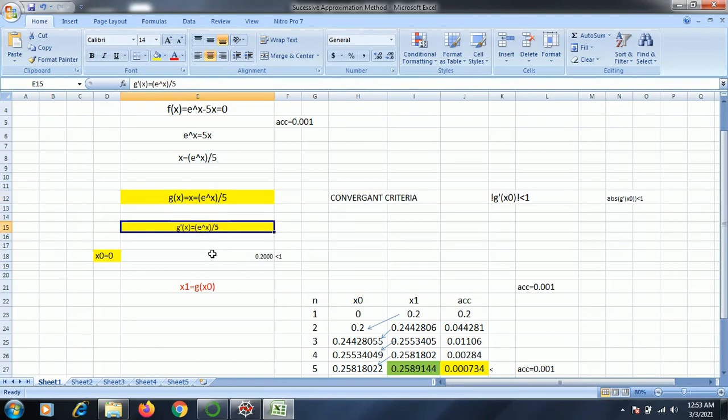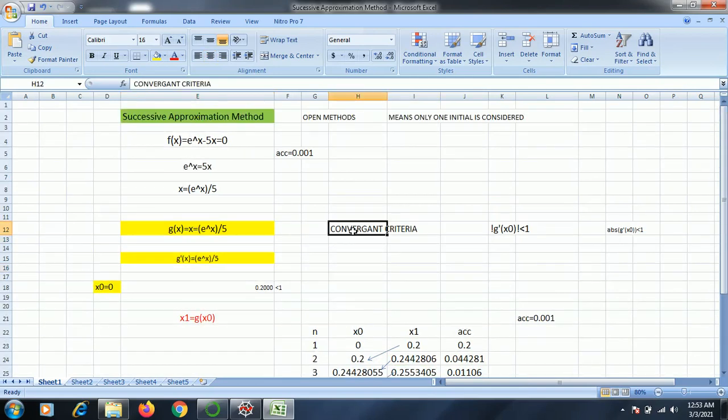Now, in the Newton-Raphson method, the condition of convergence was f of x0 into f double dash of x0 divided by f dash of x0, whole square, should be less than 1. Here in the successive approximation method, the condition of convergence is modulus of g dash of x0 should be less than 1. So we consider g dash of x, not f dash of x.